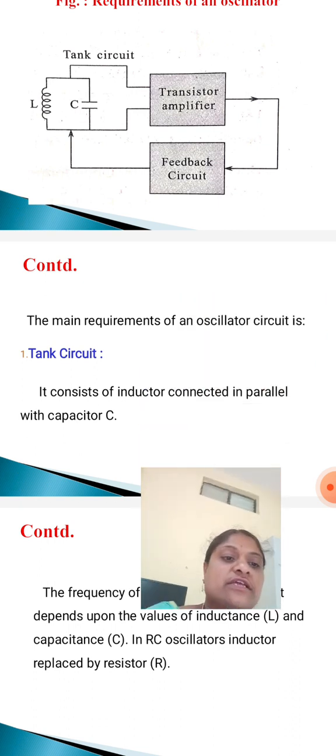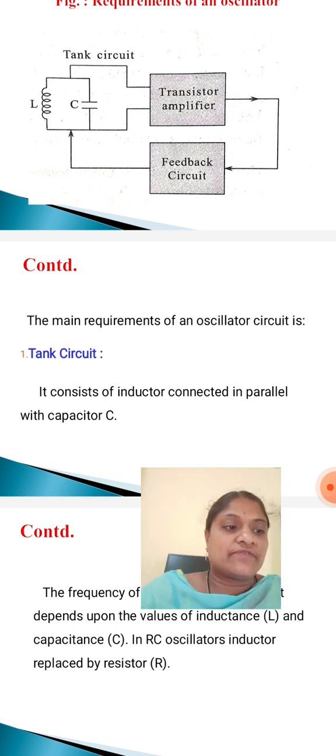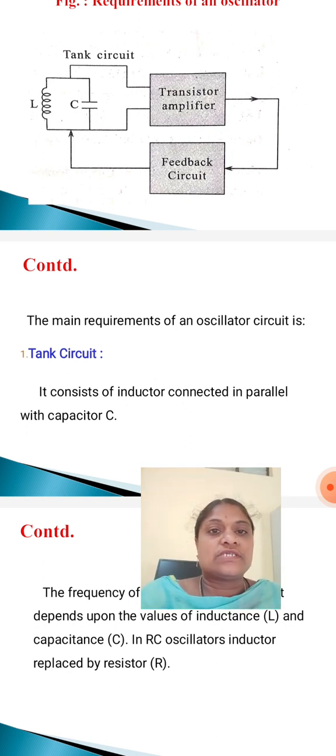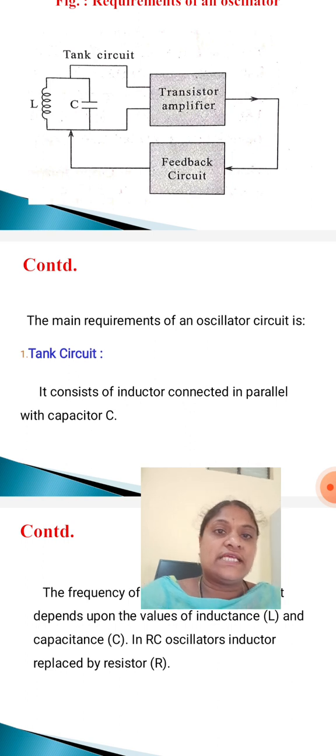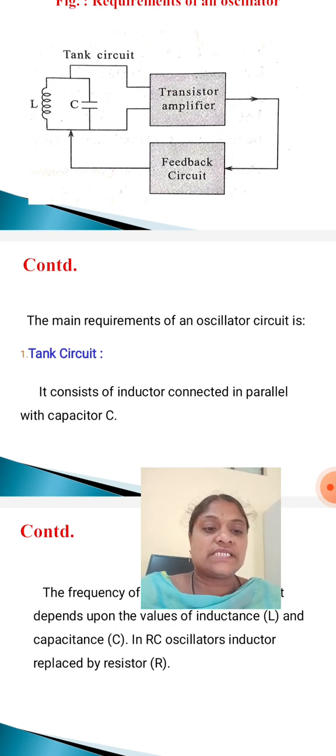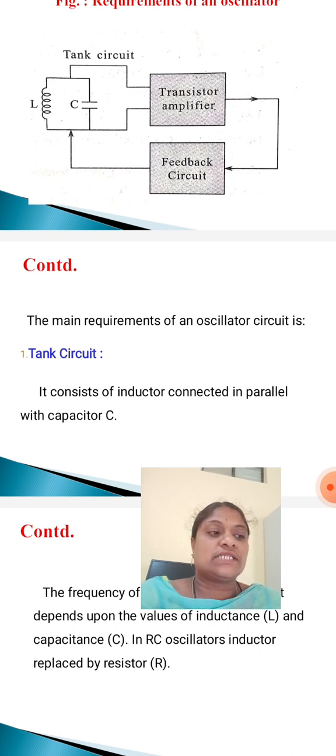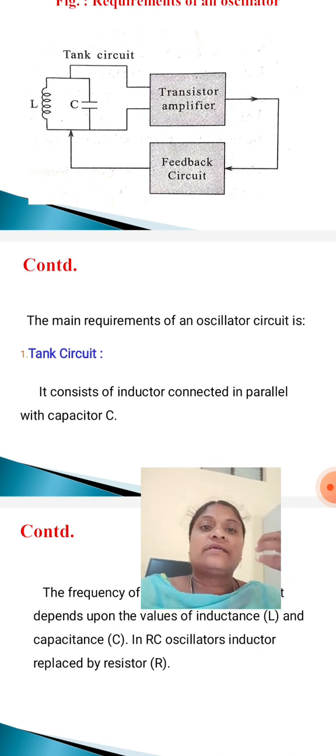The second block is the transistor amplifier. What is the function of the transistor amplifier? Why is it connected in this circuit? The transistor amplifier's function is to amplify the oscillations produced by the tank circuit.